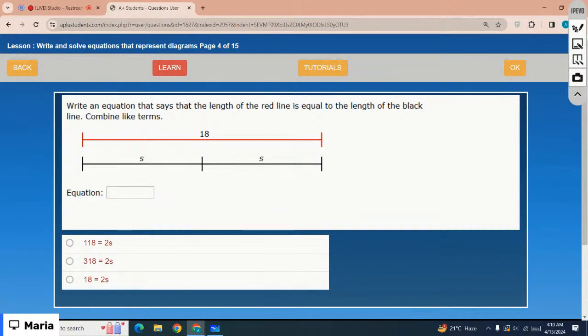Yes, that is 2s equals 18. The last option is the correct one.